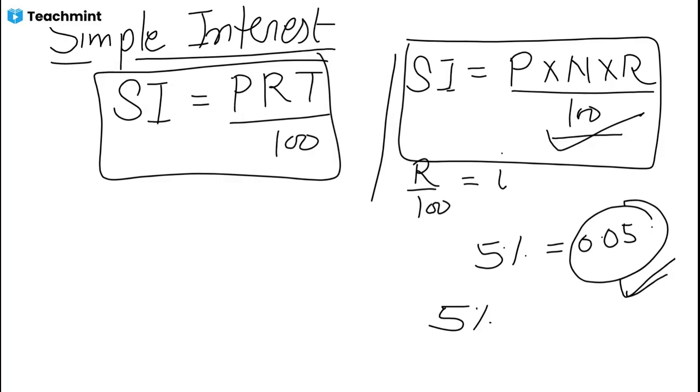Page number 6, in the exercise. An amount of 2,300 was borrowed by Ankit at a simple interest of 12% per annum. He returned the amount with interest after 3 years.